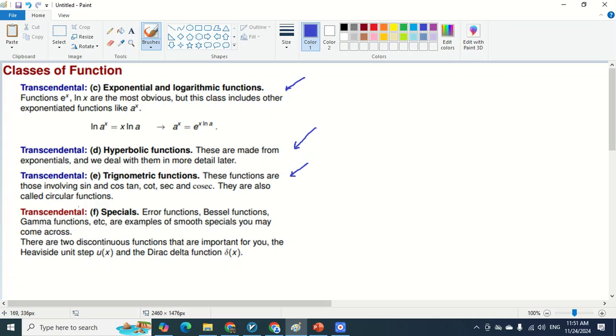And we also have special types of transcendental functions, like the Airy function, Bessel functions, and the gamma function, which normally we will not deal with. But for example, the Heaviside unit step function you will see in ordinary differential equations, and also the Dirac delta function. In physics you will face that type of function, and the error function as well.